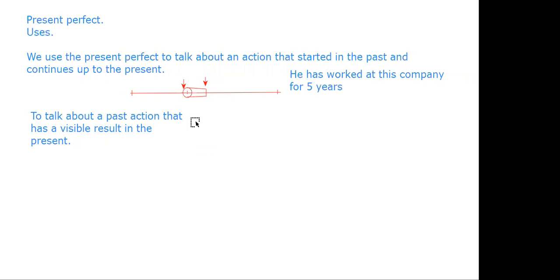So we are talking about an action that happened before in time, and let's have another timeline here. An action that happened before the present. We have present, future, and this interval here is past.